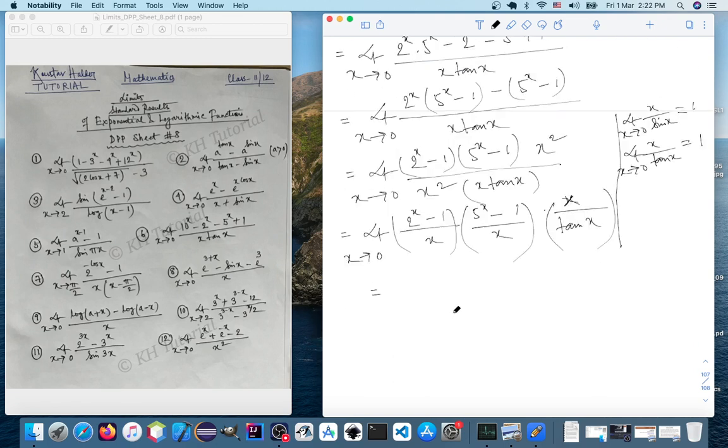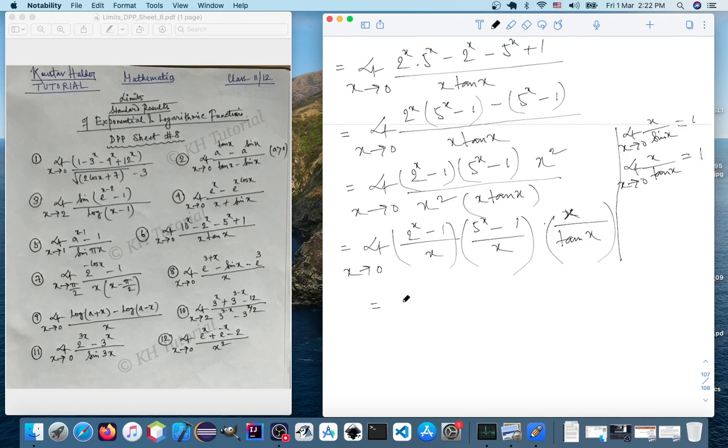Now, if we apply the standard result, we get log e 2, log e 5, and 1. So the answer is log e 2 multiplied by log e 5. This is the answer.